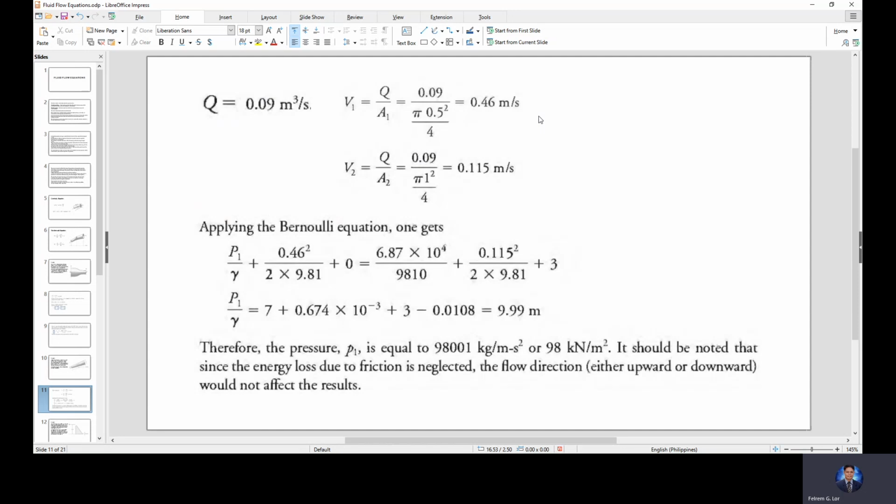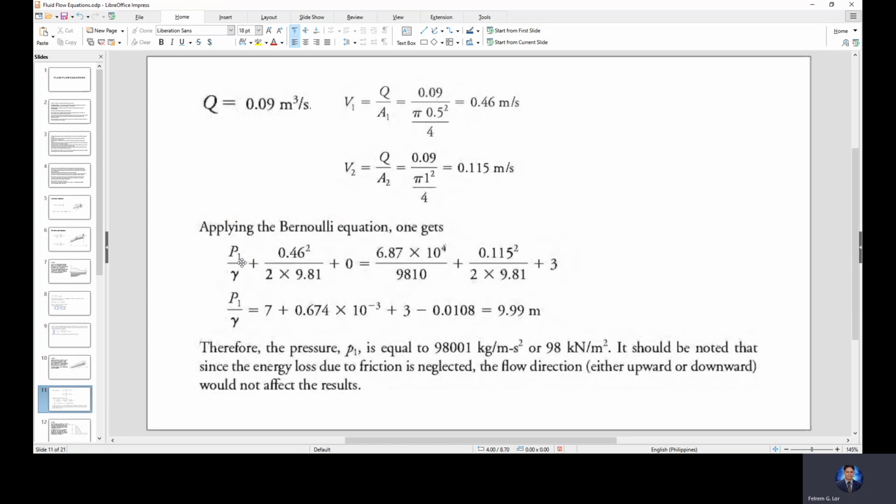So we can just put point 1 and point 2 directly on opposite sides of the equation. That's the pressure head, that's the velocity head, and that's the elevation head.